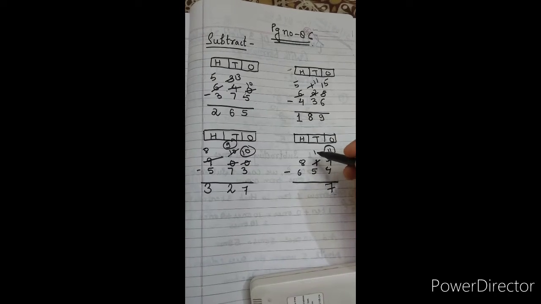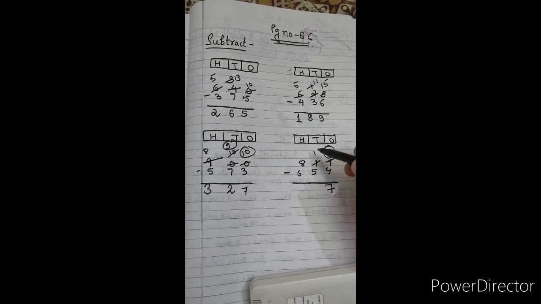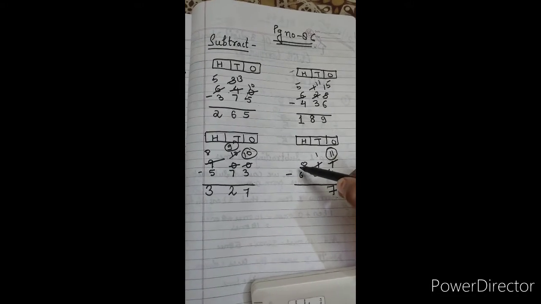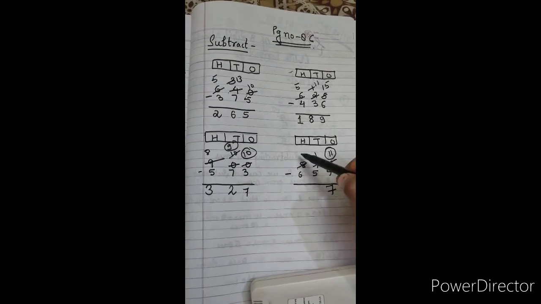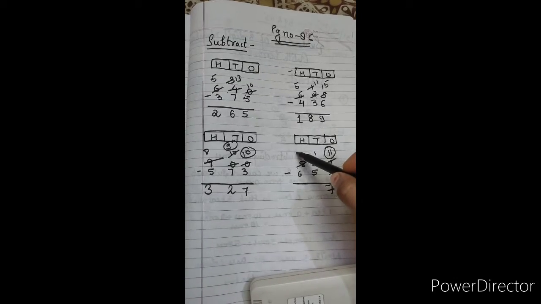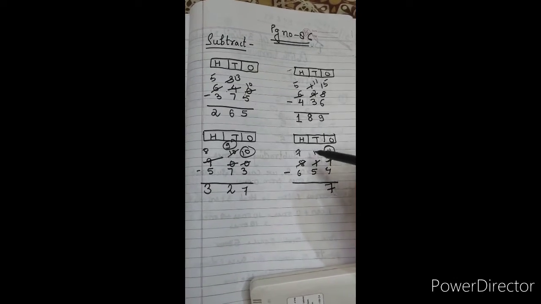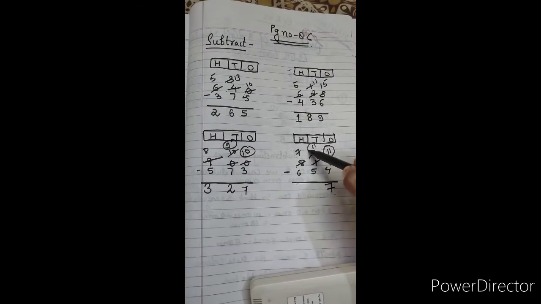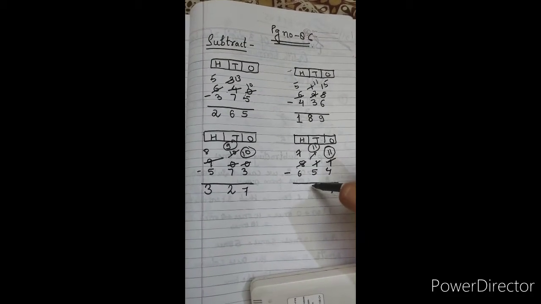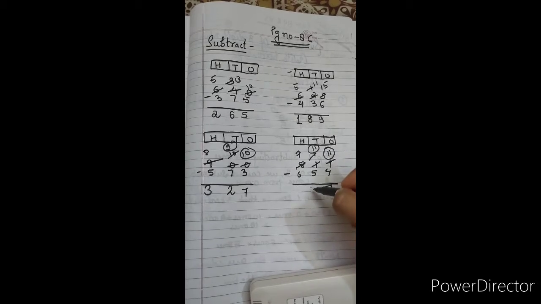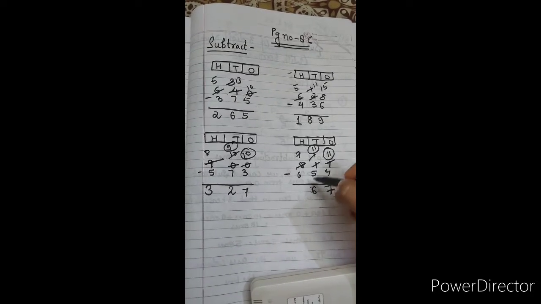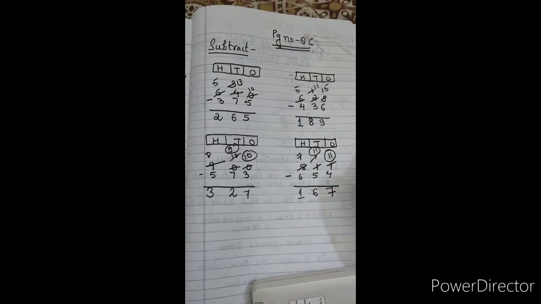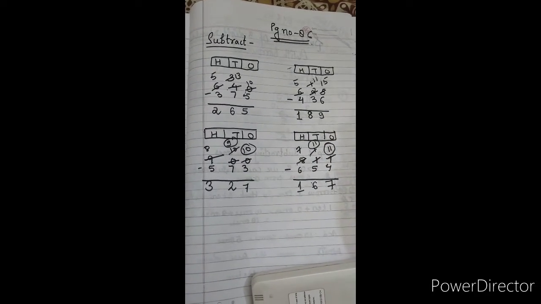And now subtracting the tens, we want to subtract 5 from 0. It is not possible. So from the hundreds column, take 100 borrowing, 700 are left, and 100 plus 0 tens becomes 10 tens. So 10 minus 5 is 5, and subtracting the hundreds, 7 minus 6 is 1. So 157 is the right answer.